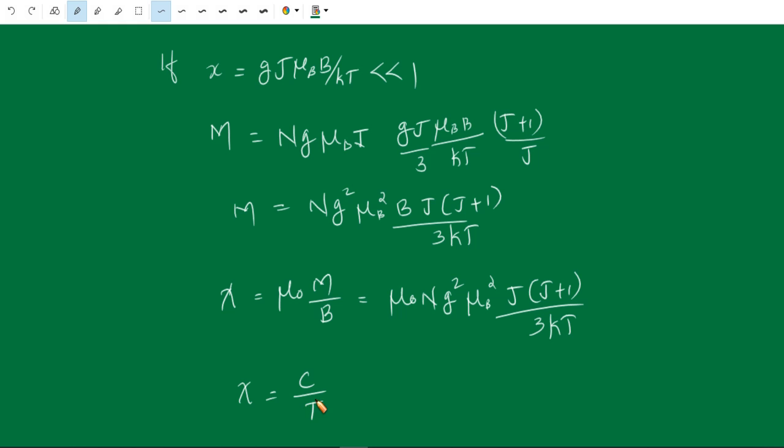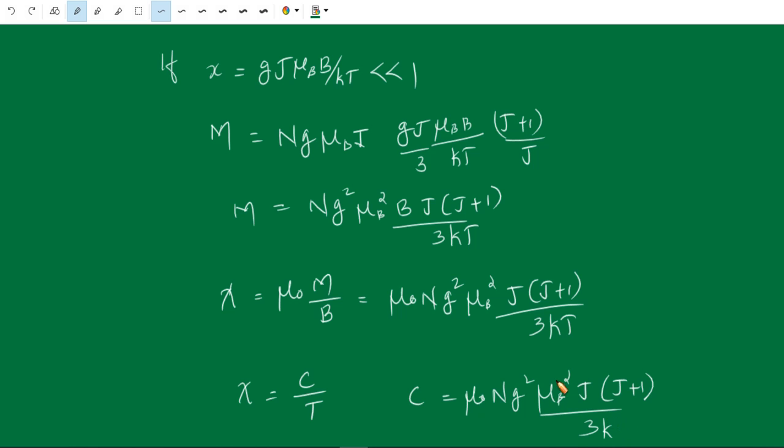So the susceptibility is inversely proportional to temperature, where this constant C is equal to mu 0 N g square mu B square j into (j plus 1) divided by 3k.